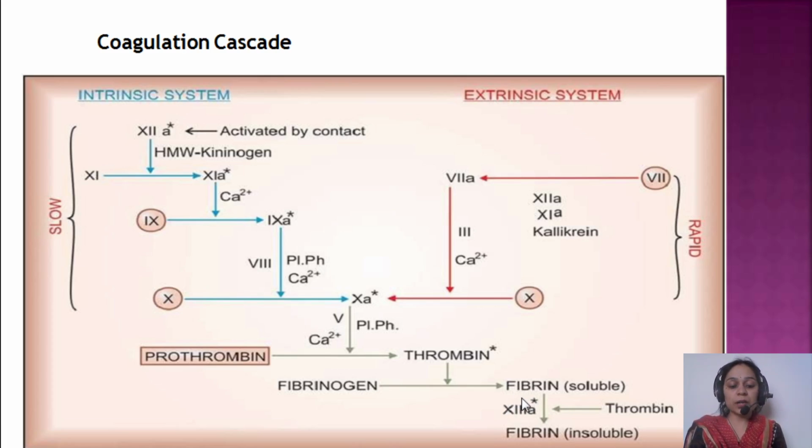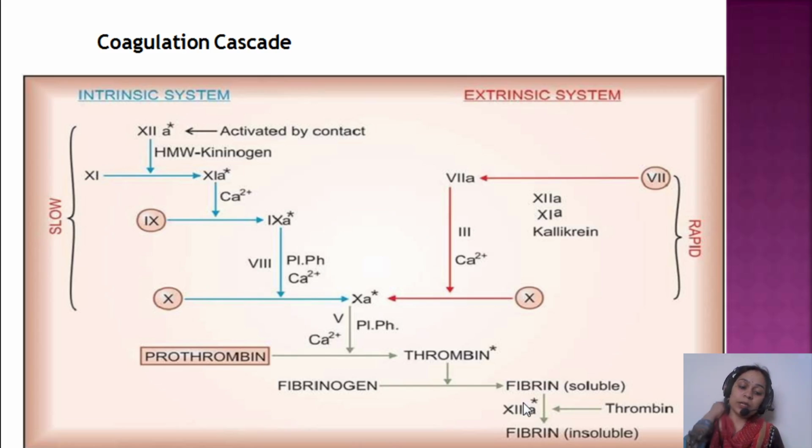This enzyme catalyzes the formation of isopeptide bond between the lysine and glutamine side chains of fibrin molecules, resulting in cross-linked fibrin aggregates.